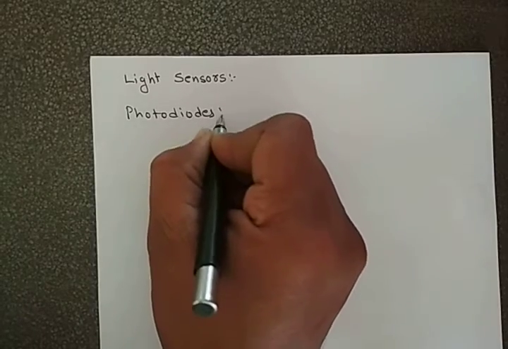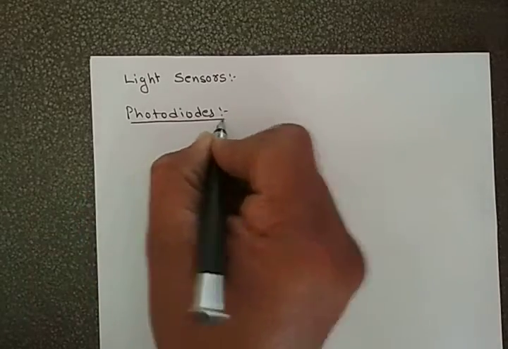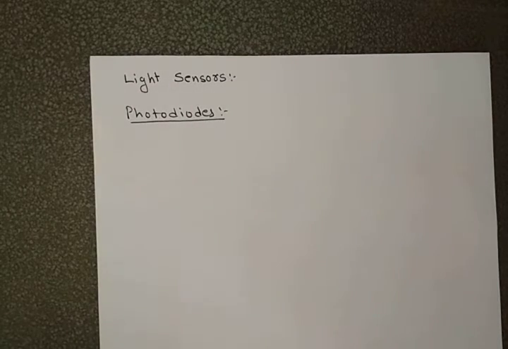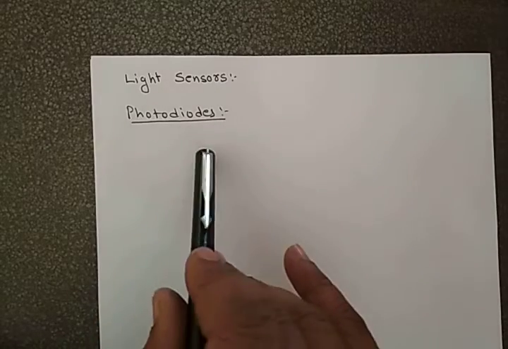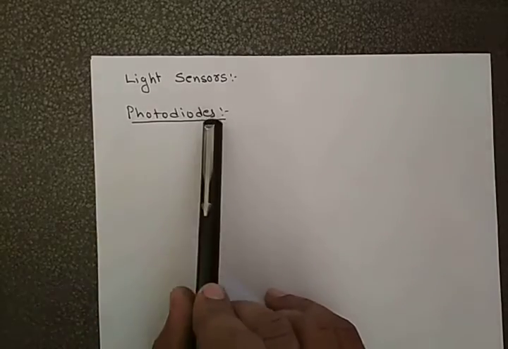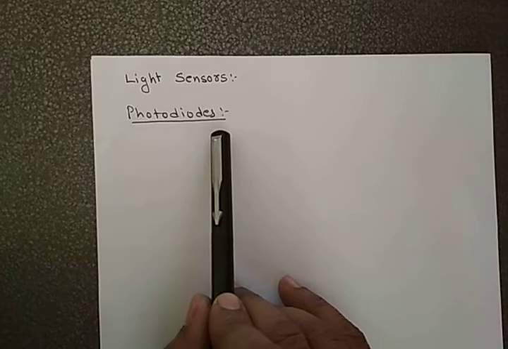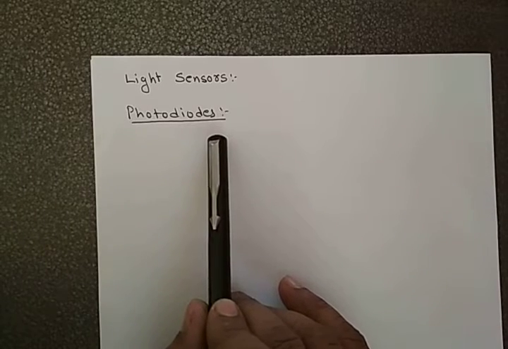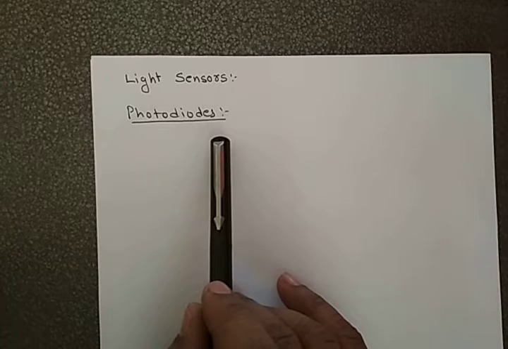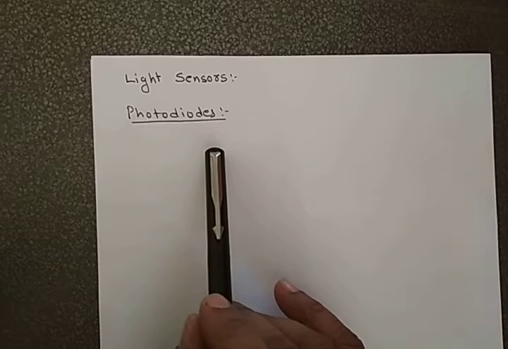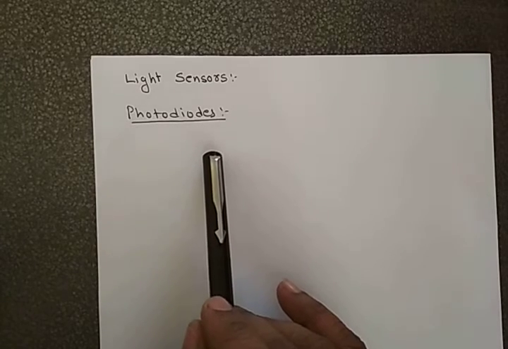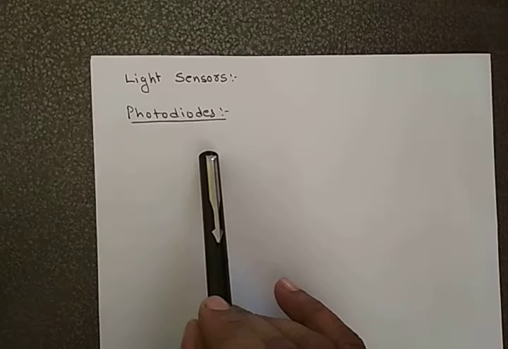photodiodes. This is also a device which we are using to measure the intensity of light. Now in this device, what we are going to do is connect this device to a closed circuit which has a current flow.